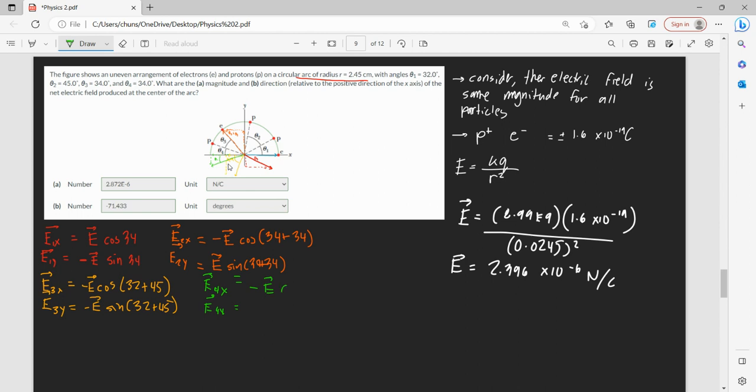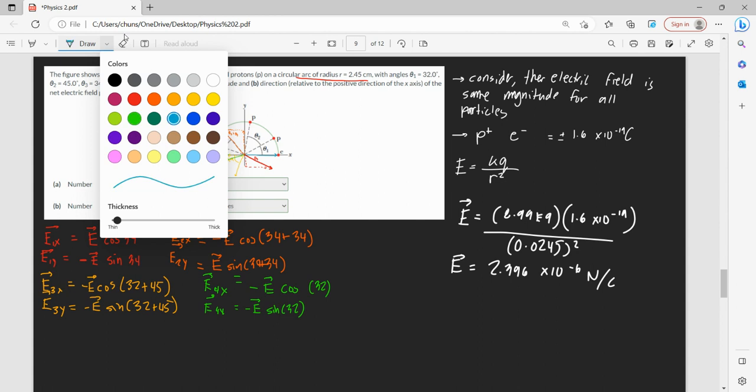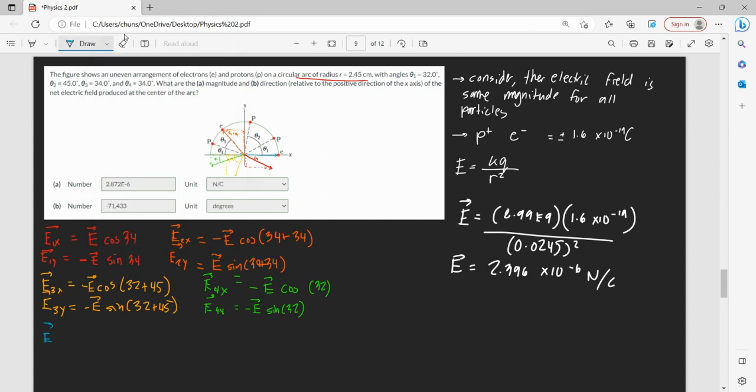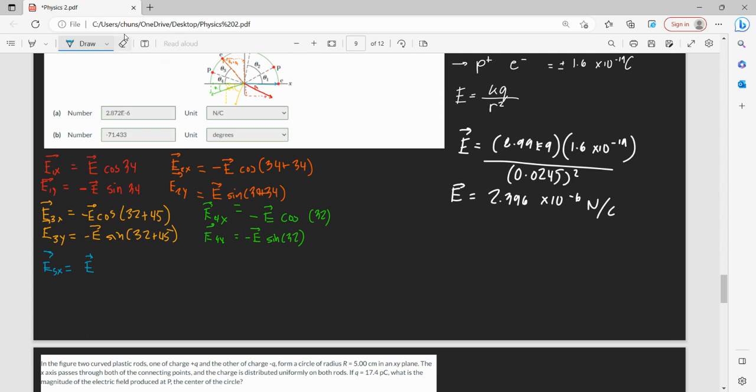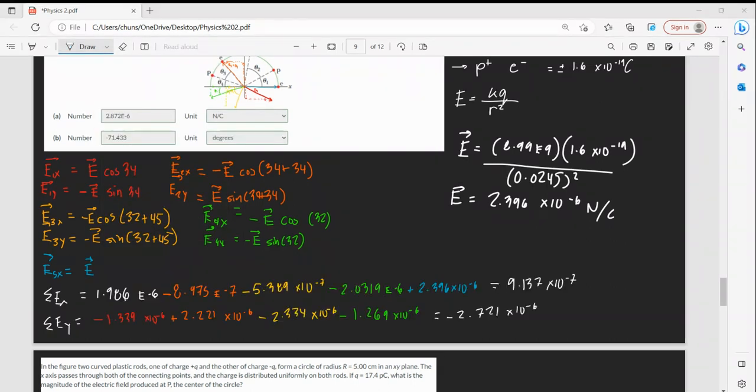For angle 1, that is cos 32 and sine 32. And last but not least, for the fifth one, that's in the positive x direction, so that is just going to be E. So now we have to add up all of these components. I'm going to go ahead and do that, and I'll come back when I'm done.